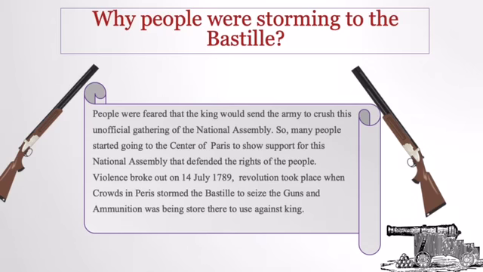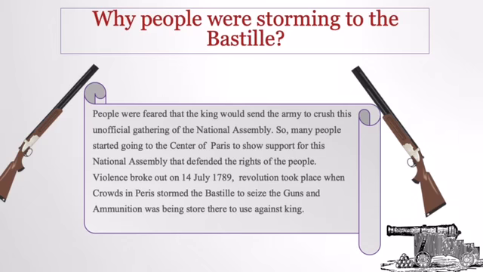When people started gathering in the center of Paris, the king sent his army into Paris, and violence broke out on 14 July 1789, when crowds in Paris stormed the Bastille to seize the guns and ammunition being stored there to use against the king.